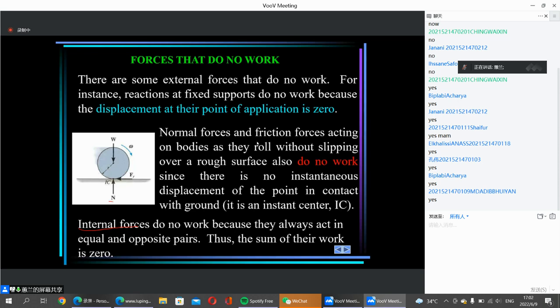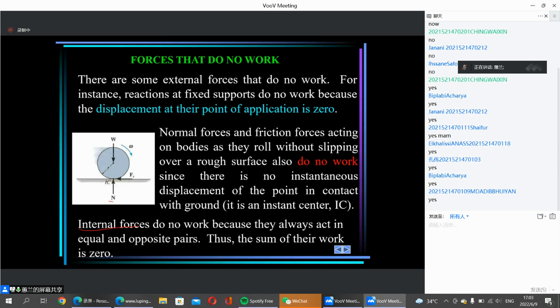We should be very careful with friction forces. For friction forces, when the disk is rolling without slipping, what does that mean?